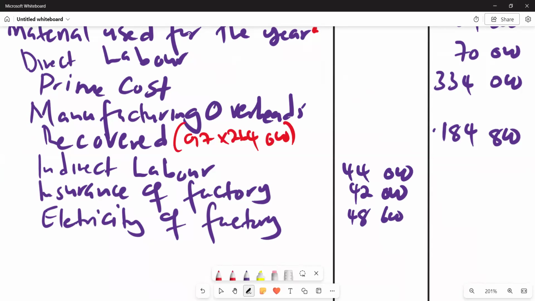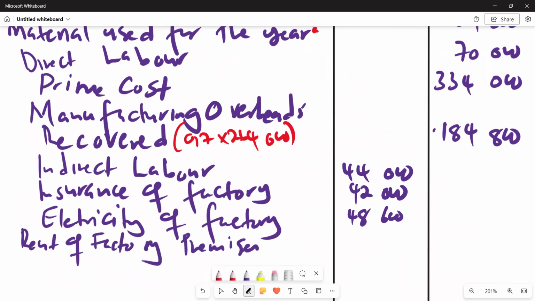And then we have rent of factory premises, $26,400.